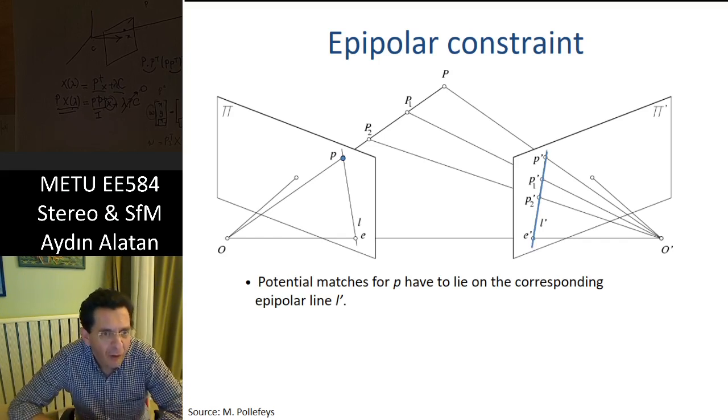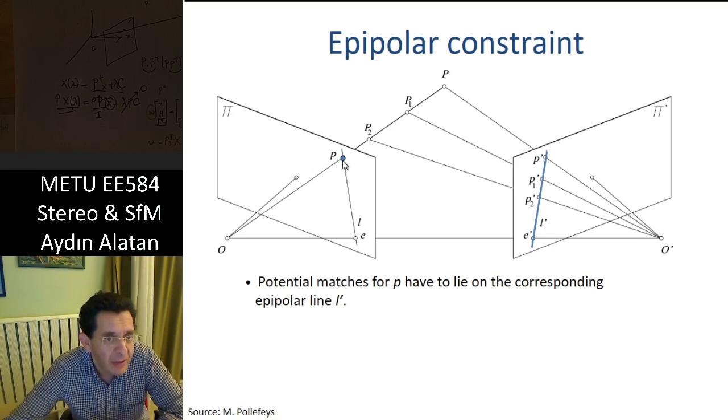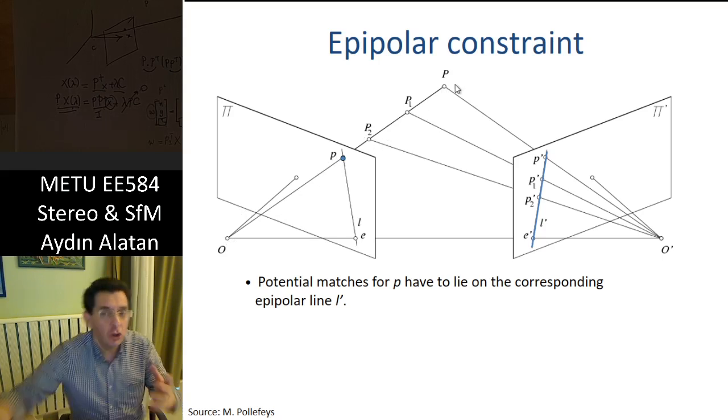As you can see, as soon as you fix the point P here, there could be many options. This is fixed for us, and for this point you just draw a back projection, and maybe your point is here, here, or here, but you don't know where it is.